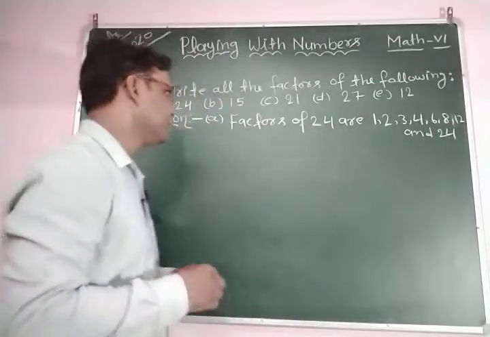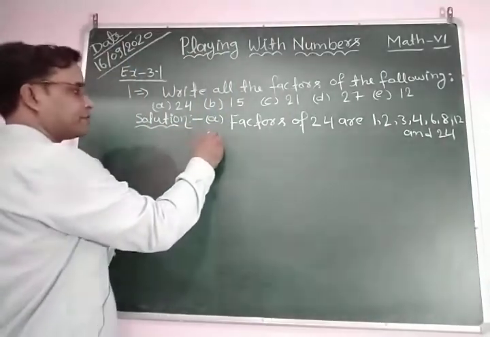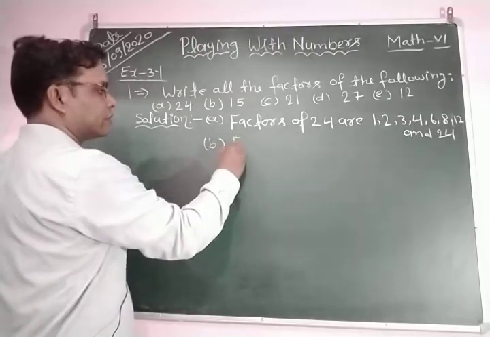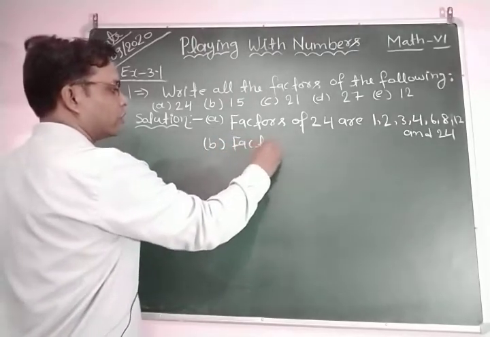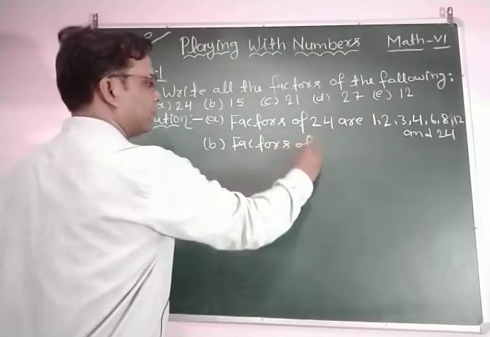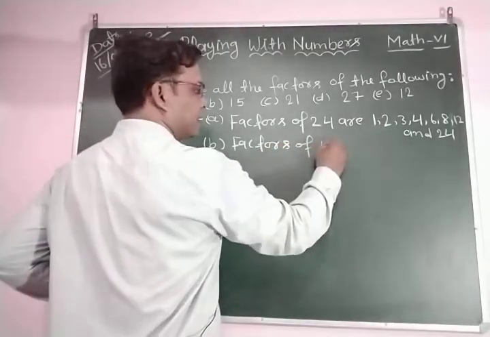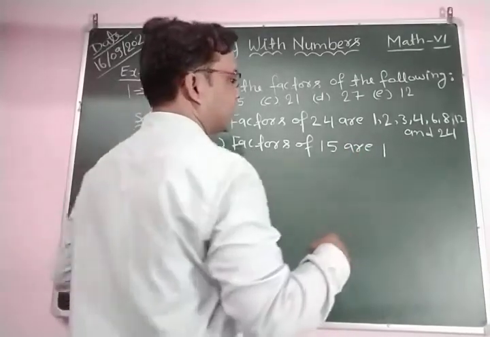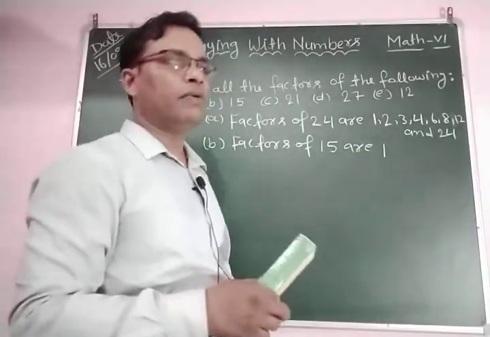So you can write here the factors of 15 are: 1 is a factor of every number, because 1 divides all numbers, and the number itself is also a factor of the number.